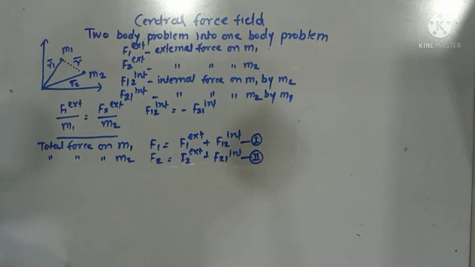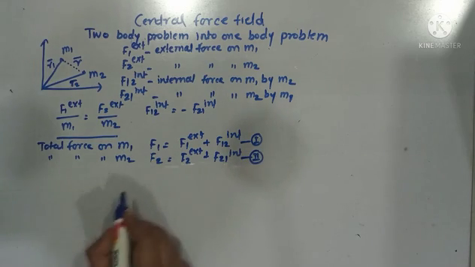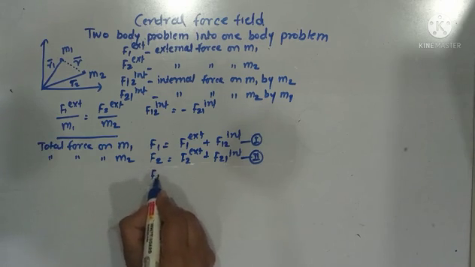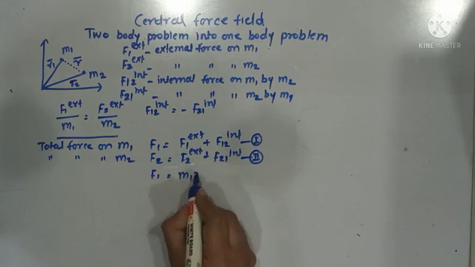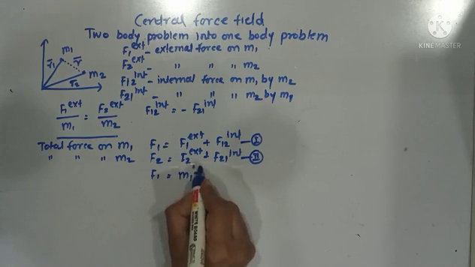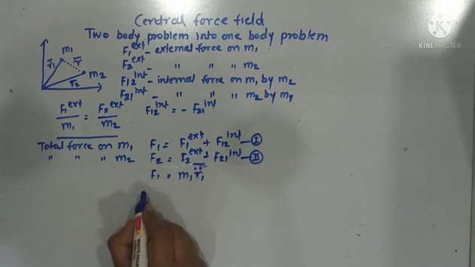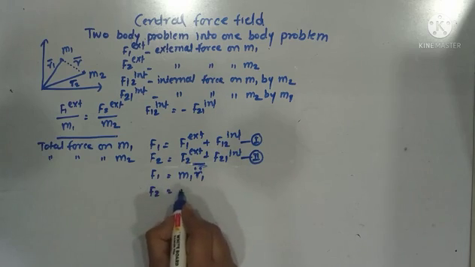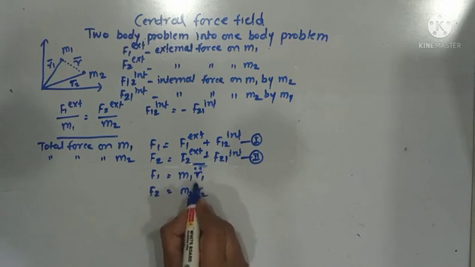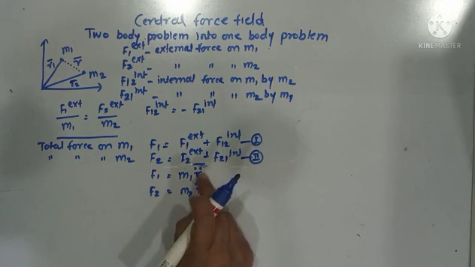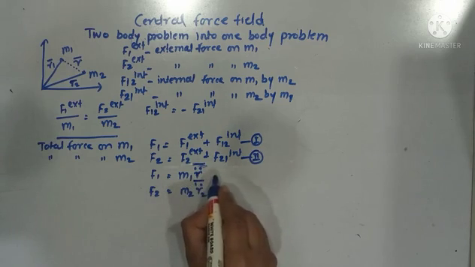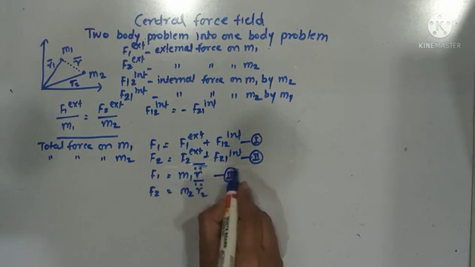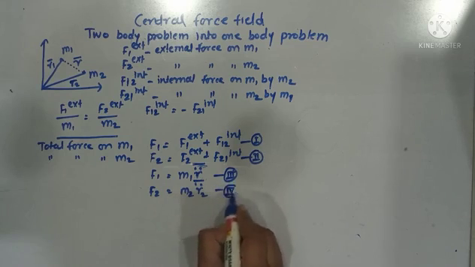So according to Newton's laws of motion, I can also write F1 is equal to m1 r1 double dot, and I can write F2 is equal to m2 r2 double dot. So this is F equal to m a, and let us call this equation 3 and this equation 4.